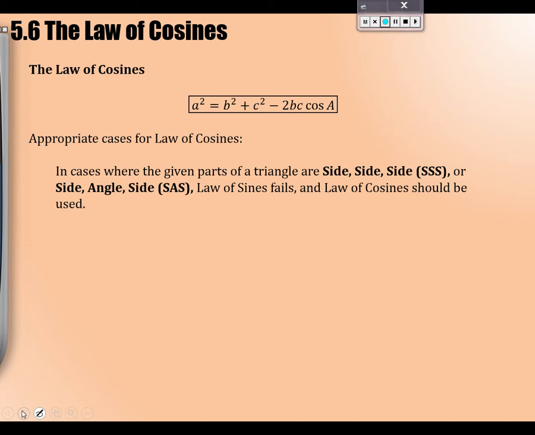But we should make one observation. What happens if A is 90 degrees? Just think about the question I just asked and have an epiphany. Cosine of 90 is 0. If capital A happens to be a 90-degree angle, then a is the hypotenuse, cosine of 90 is 0, and this whole last term goes away, and what do you have?